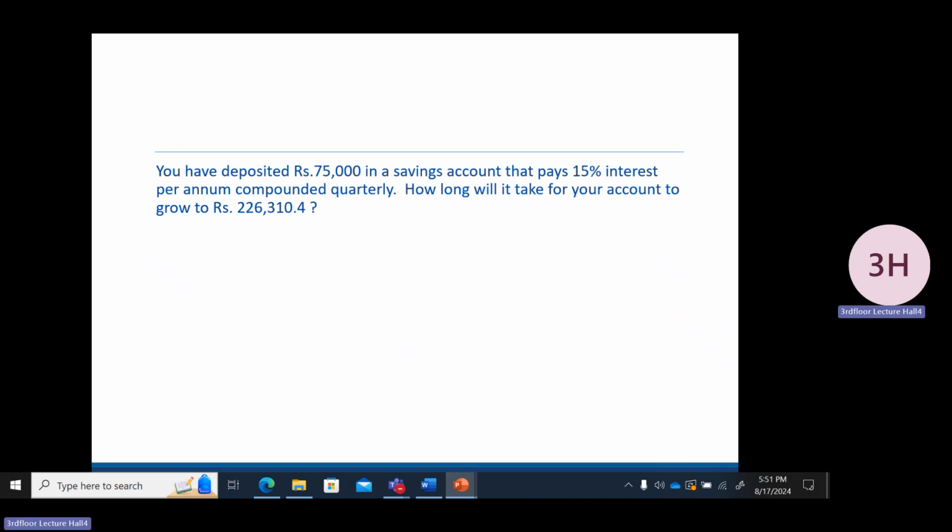How long will it take for your account to grow to 226,310.40 rupees? This is also an application of future value, present value, single cash flow.